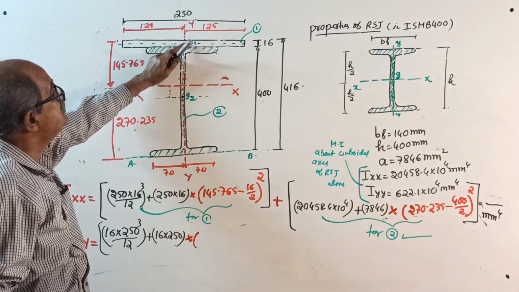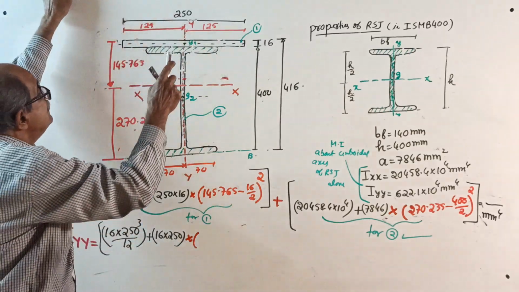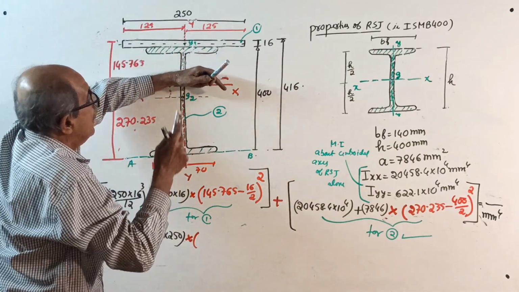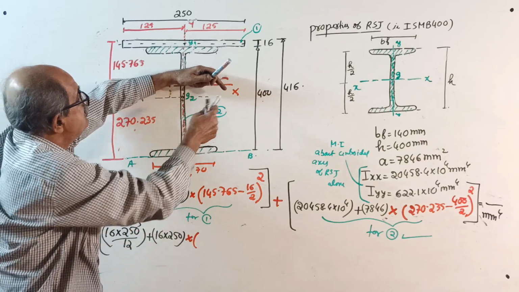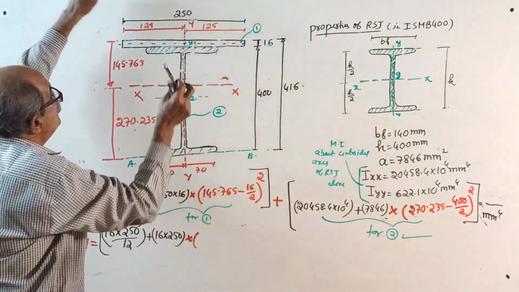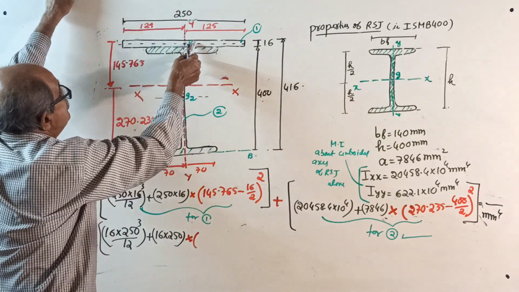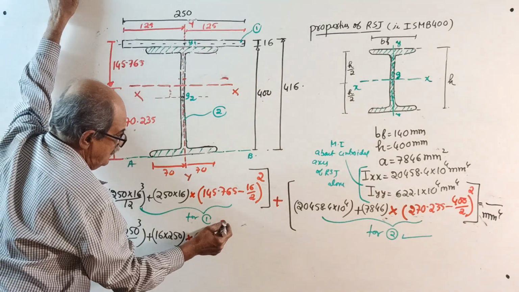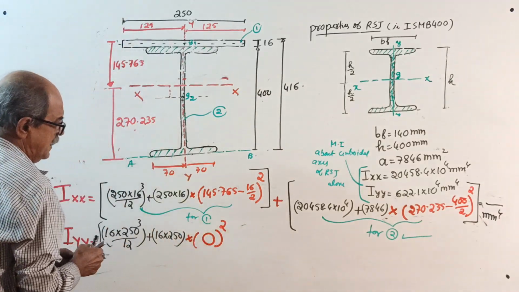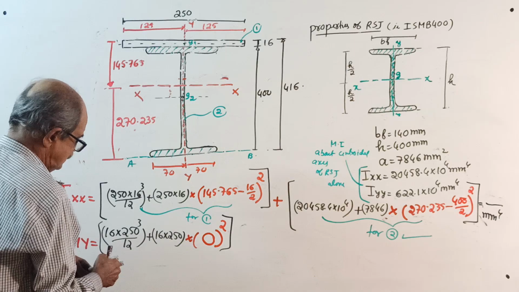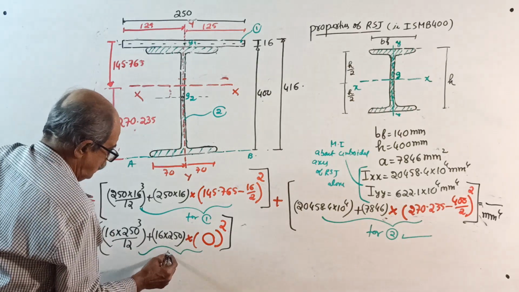G1 and G2 are lying outside XX. So with respect to XX, G1 and G2 are outside, but with respect to YY, G1 lies in YY, therefore 0 square. This is told many times. This is for 1.